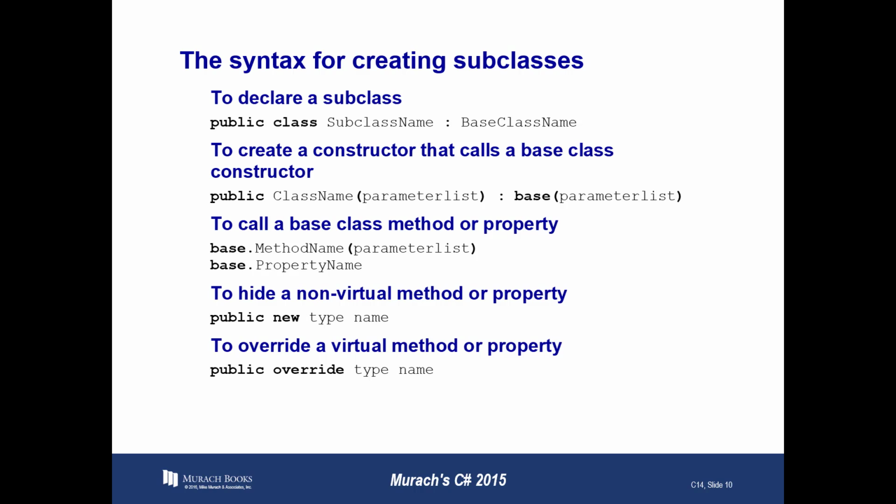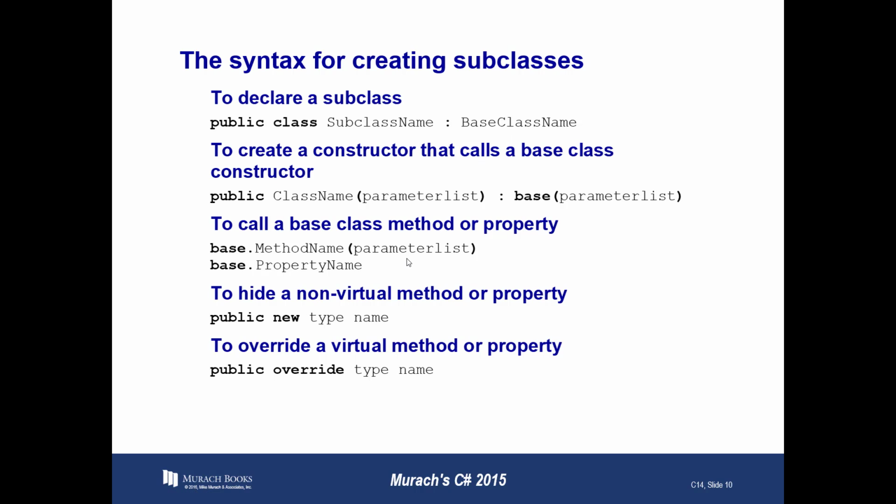All right, so when you want to start working with inheritance, the key thing in here is to use the colon. This means this subclass inherits from this. So for instance, if I had public class Dog colon Animal, that would mean that the Dog class inherits from Animal.